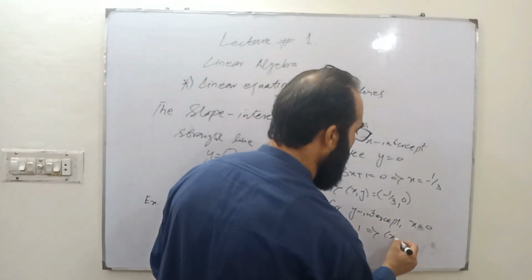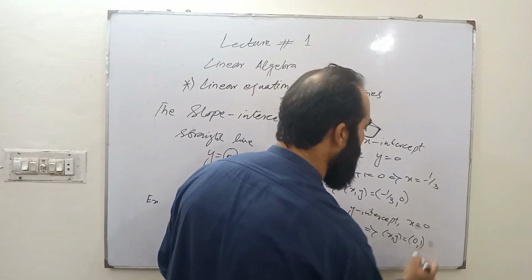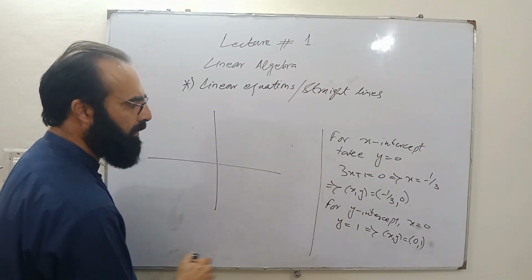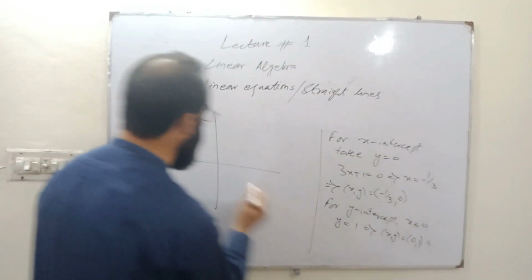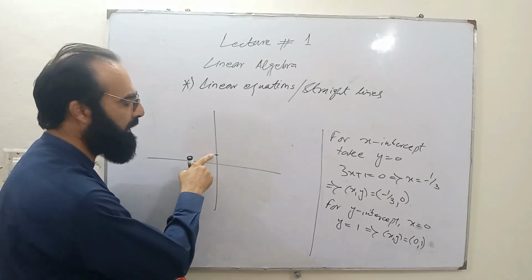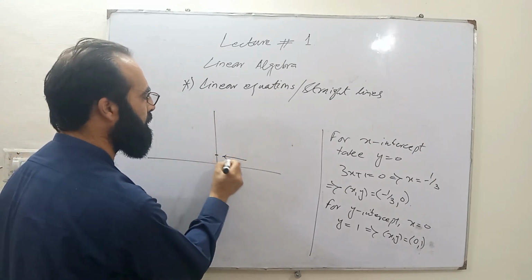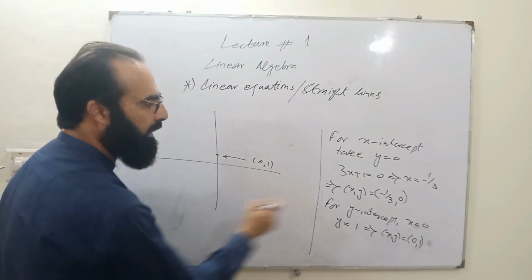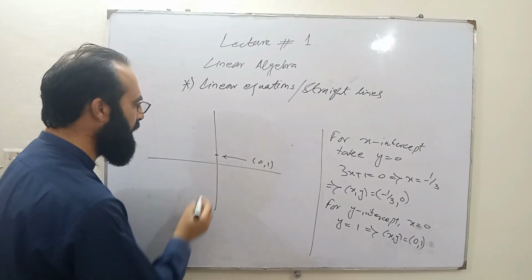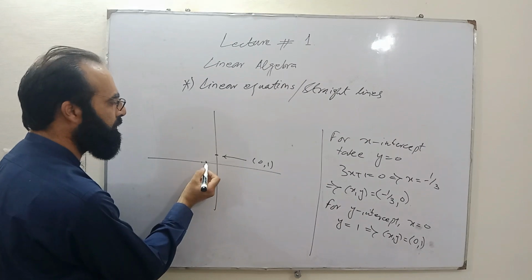This gives another point in the xy plane, which is 0, 1. So this point 0, 1 is basically on the y-axis. And minus 1 over 3, 0. Say this one is minus 1, so minus 1 over 3 will be this point.